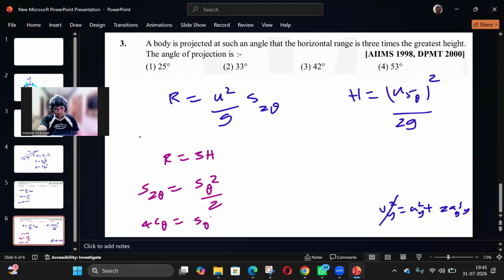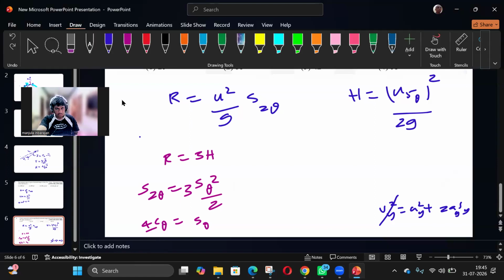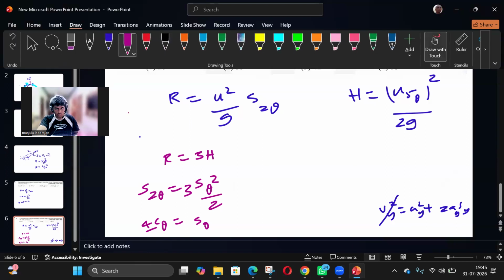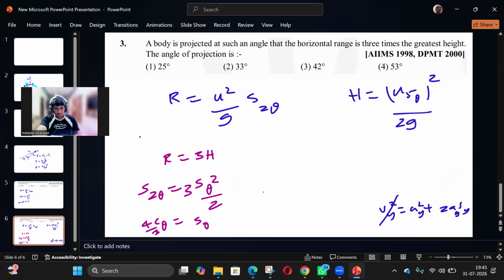This is 2 sin theta cos theta, no? Oh, I missed 3. So 3 by 4, 4 by 3. Tan theta is 4 by 3. So this angle is 53.